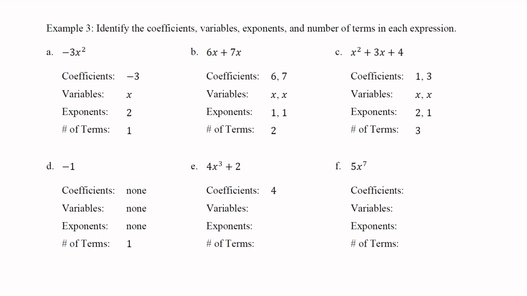We have a variable of x, and we have an exponent of 3. But we do have 2 terms because the 2 on the end there is a constant, but it is also a term. And then finally in F, our coefficient is 5, our variable is x, our exponent is 7, and we have just 1 term.